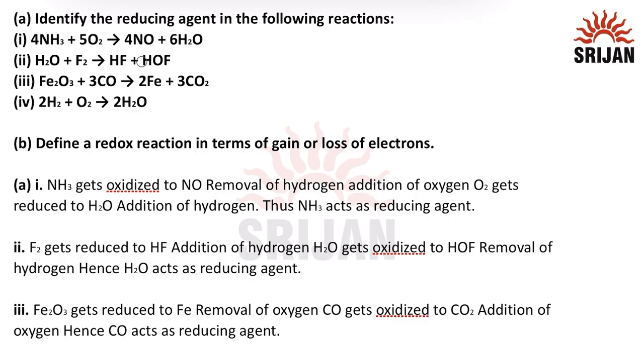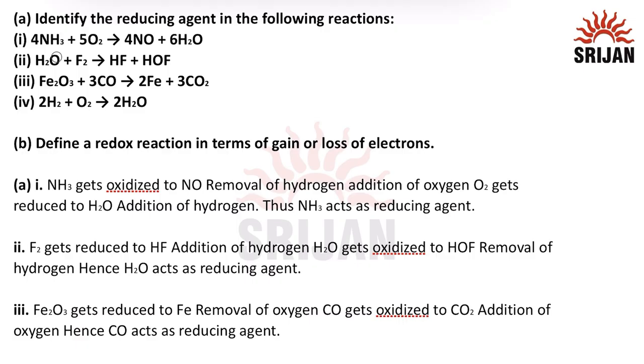Now, second case: H2O plus F2 gives HF plus HOF. Now, see carefully what's happening with fluorine. Fluorine is getting the hydrogen. That means it is getting reduced. Which one gets reduced? The oxidizing agent. So fluorine is not the reducing agent, it's the oxidizing agent.